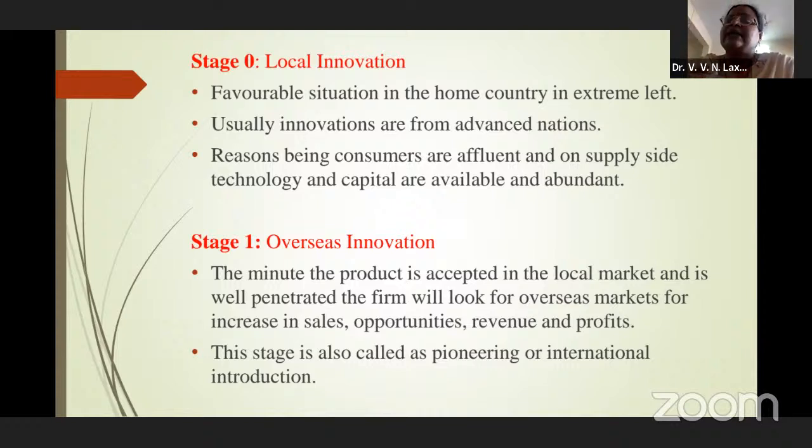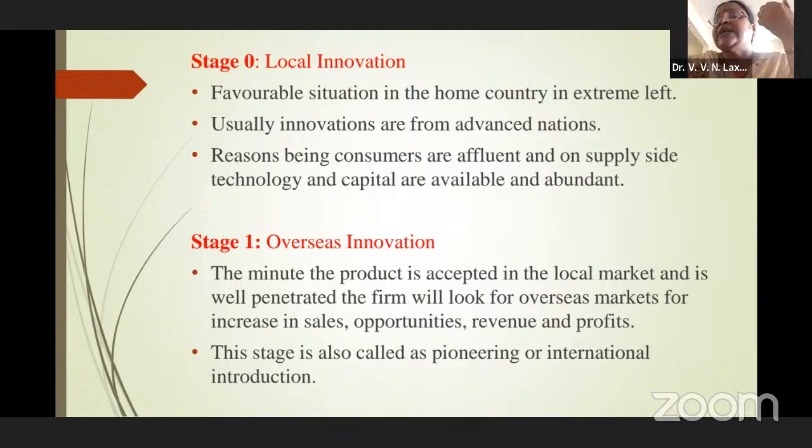Whatever the product, in whatever design and technical specifications it is marketed in the local market, that is exported in the same form to the international market. That characterizes the first stage, that is the overseas innovation. Actually, though we call it stage 1, we call it the second level.